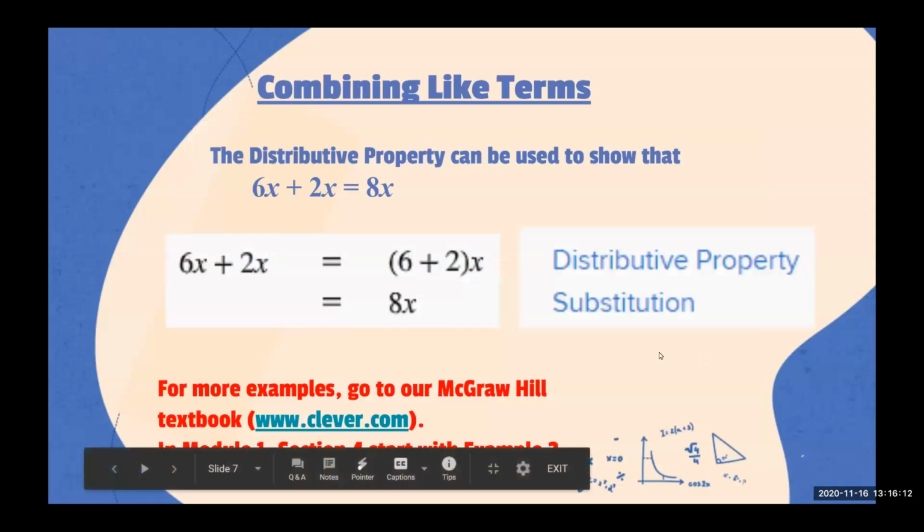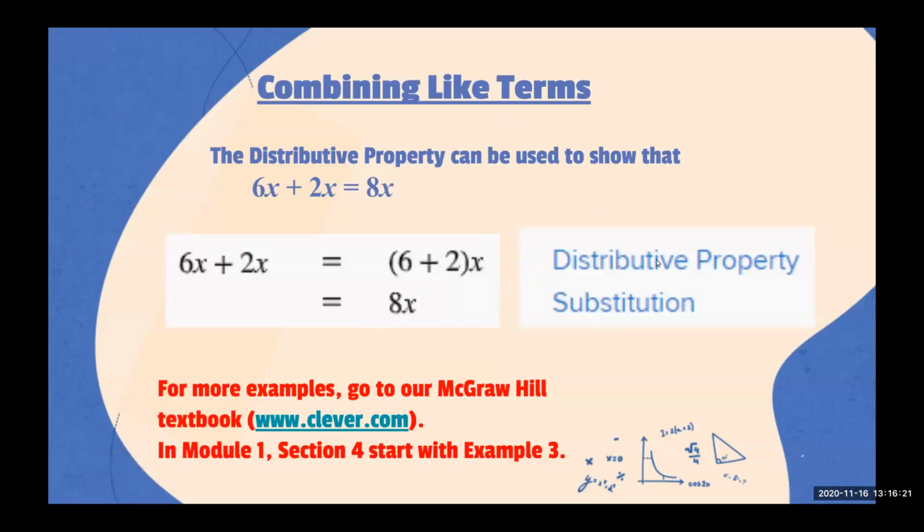All right, so before we go to our last vocabulary term, just since we're talking like terms, when it comes to combining like terms, we're really using the distributive property in reverse. I don't normally focus on that when I'm doing like terms, but just to show, when we go to combine these two like terms, 6x and 2x, what we're basically doing is undistributing the x out of it.